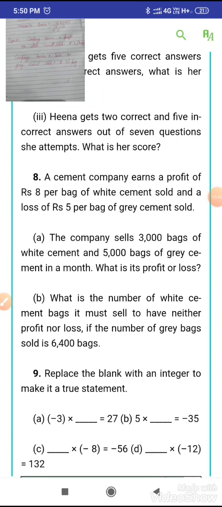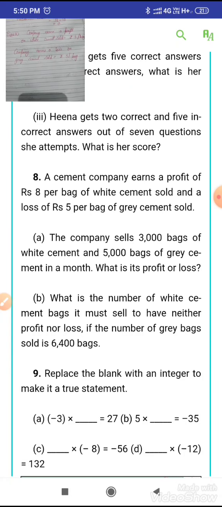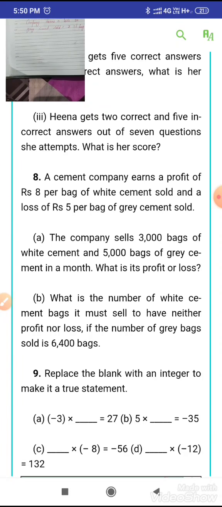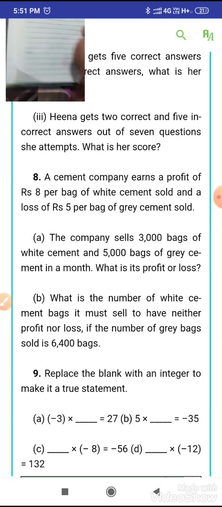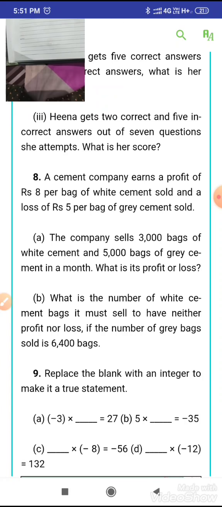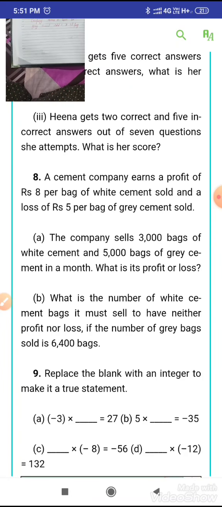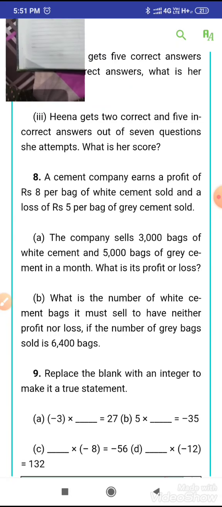So the company earns a profit on white cement sold equal to rupees 8 per bag, and a loss on grey cement sold equal to rupees 5 per bag. We have to find its profit or loss.